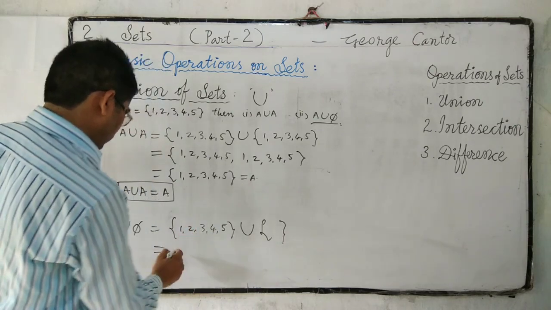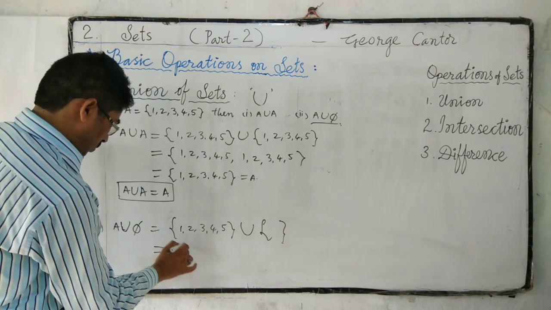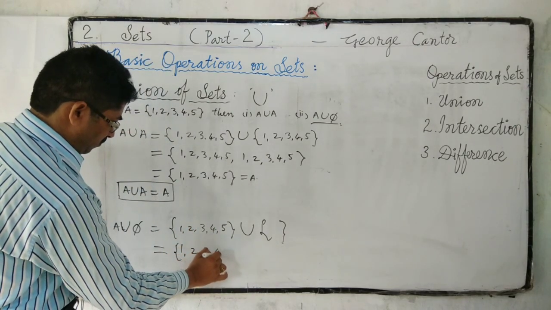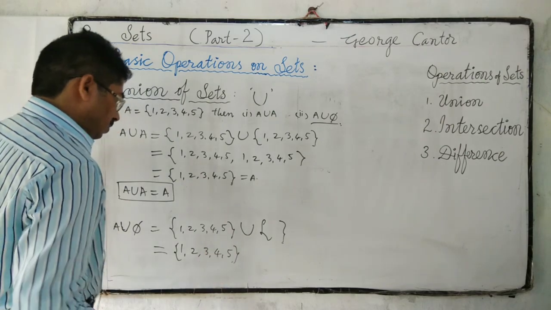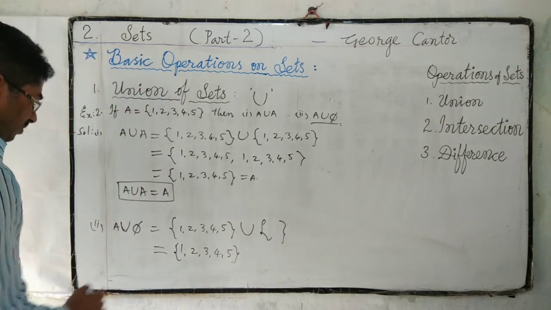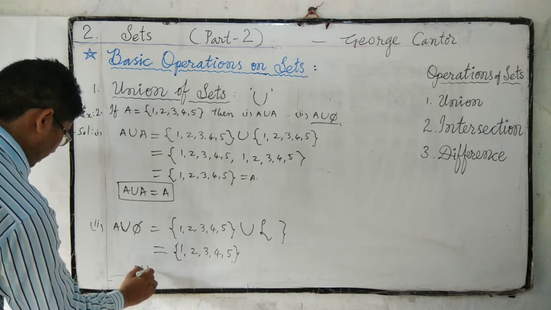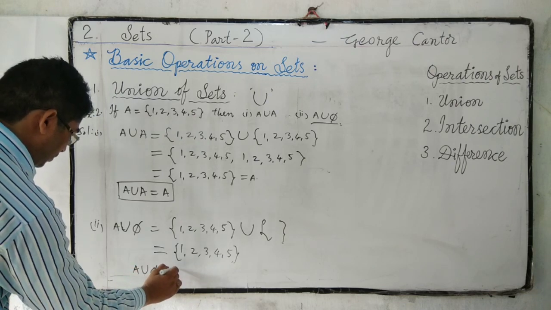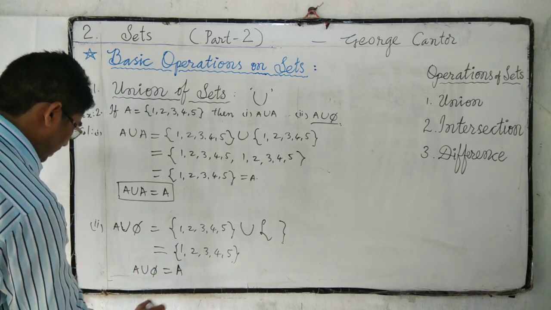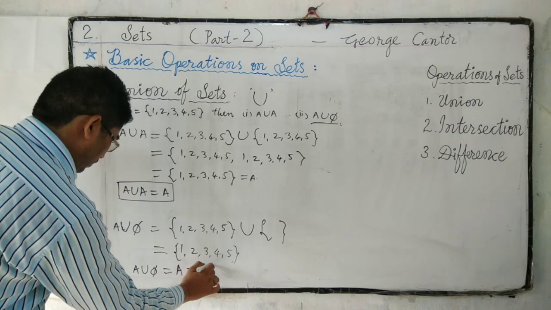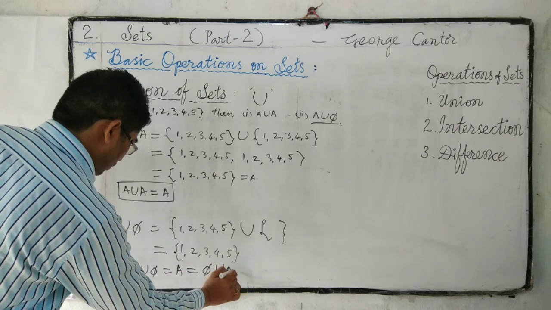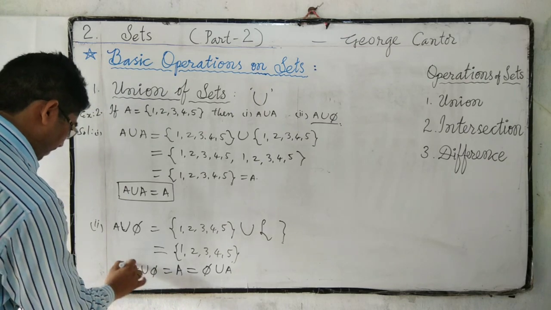So we get only 1, 2, 3, 4, 5. So we have observed A union the empty set is equal to A only. Also the empty set union A is equal to A only.